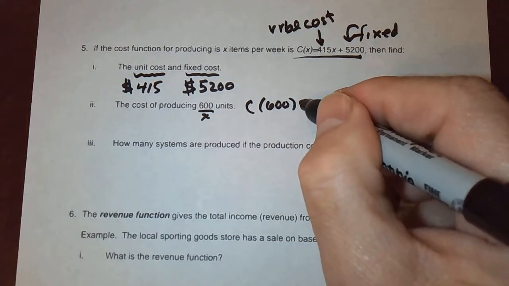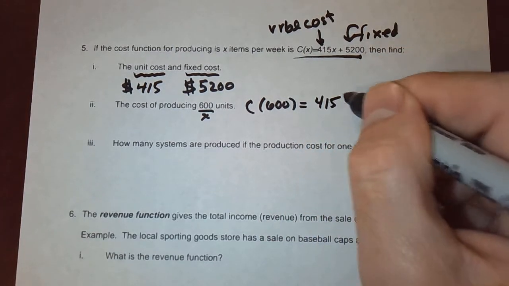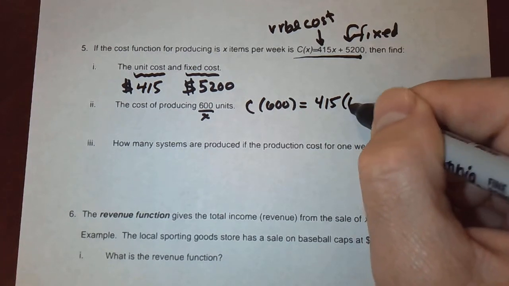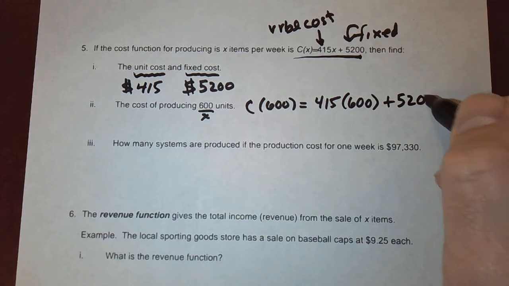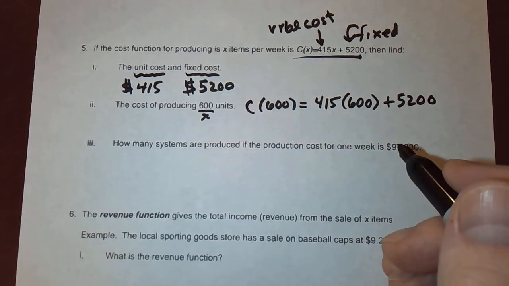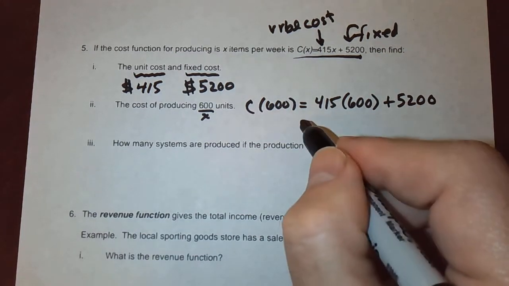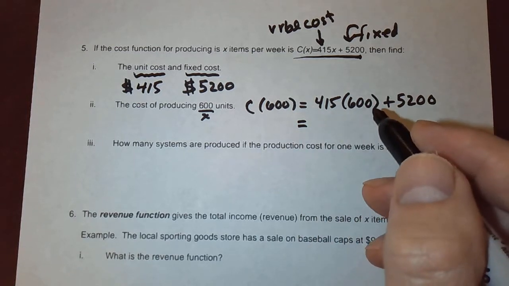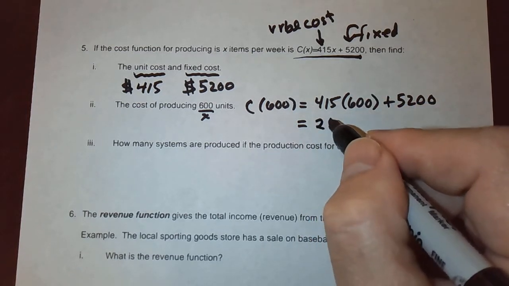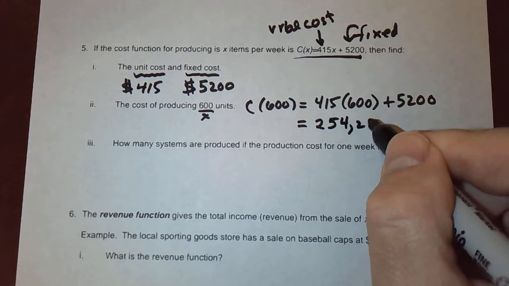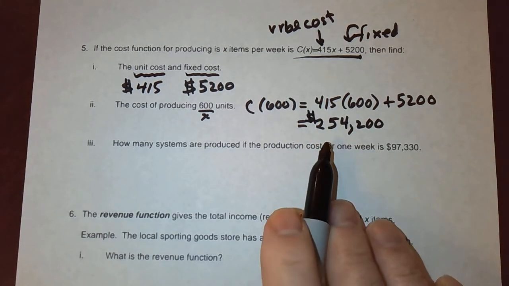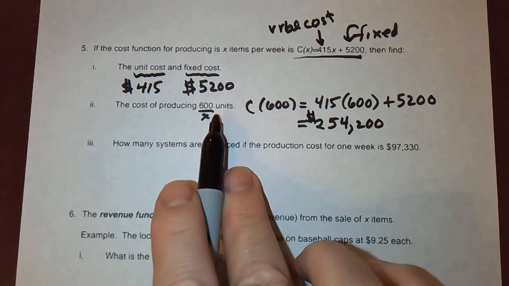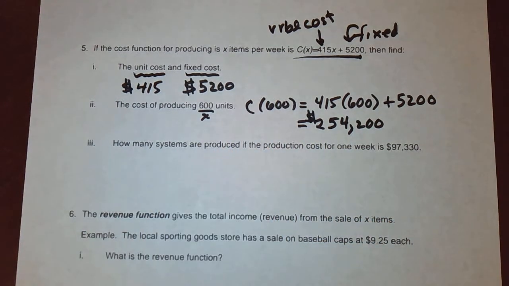So it's going to be $415 times 600 plus $5,200. And that turns out to be, if you plug it into a calculator like I did, $254,200. The cost of producing 600 units, the cost, I should say.